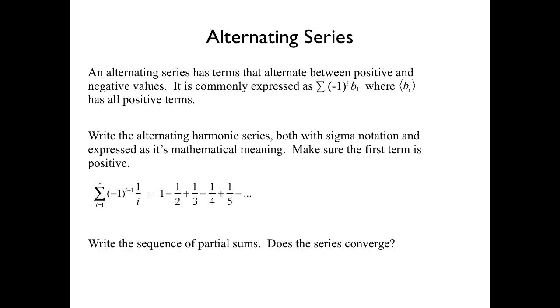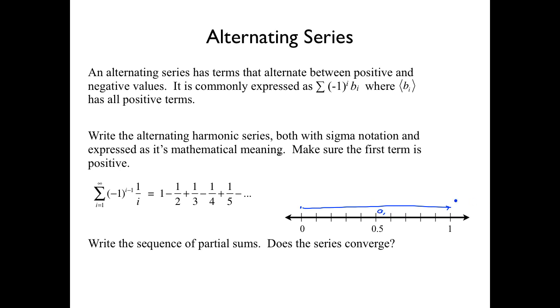So let's see what happens. Let's write the sequence of partial sums, and I'm going to do it visually here. What's our first term? We're at 0. Then our first term is 1. That's A1.